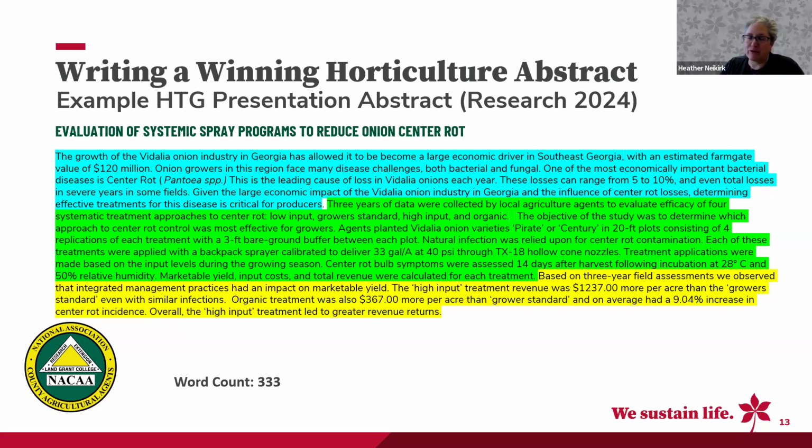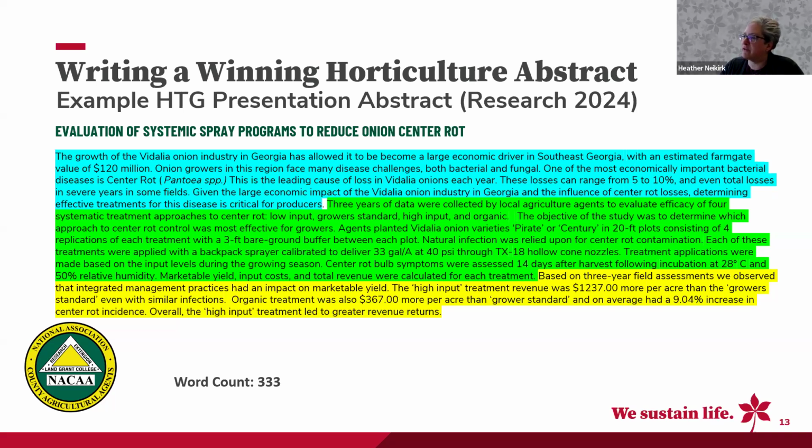Then they go on, that green section again, those methodologies. So they tell you how long they collected data, and what they were evaluating. They're looking at 4 treatment approaches to center rot, and they describe that. They give you the objective of the study, and then within that design, who planted what, the size of the plots, whether there is a buffer.